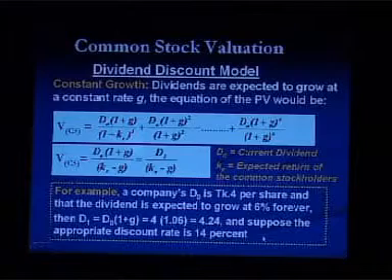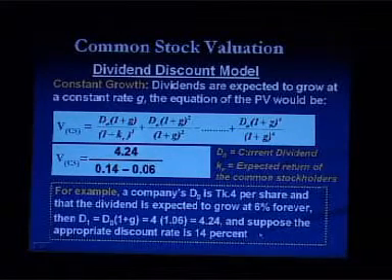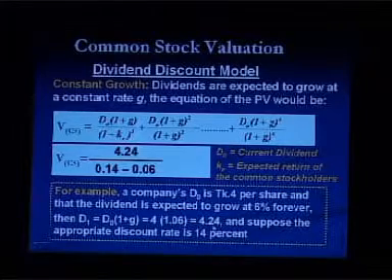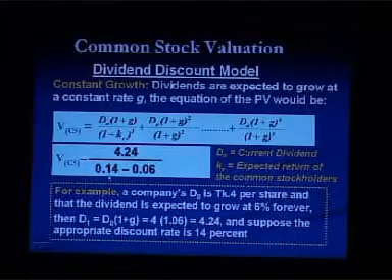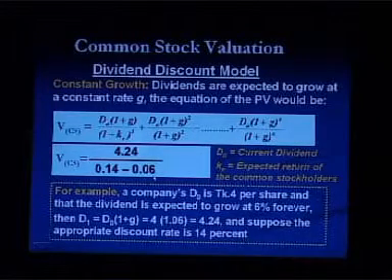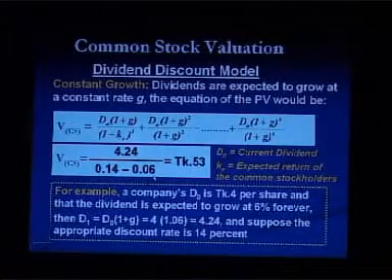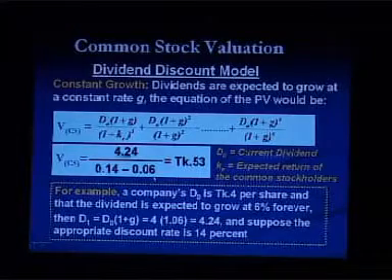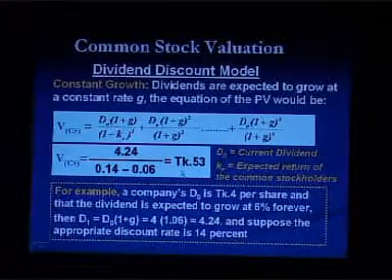We can put the values in the equation here: D1 is 4.24, expected rate of return of the common stockholders is 0.14 and the growth rate g is 0.06, and we can find the value of the common stock here, that is taka 53.